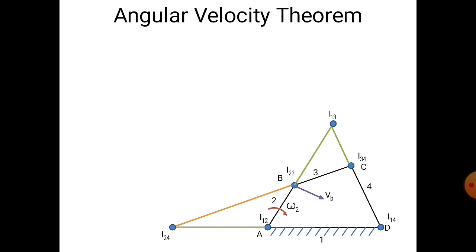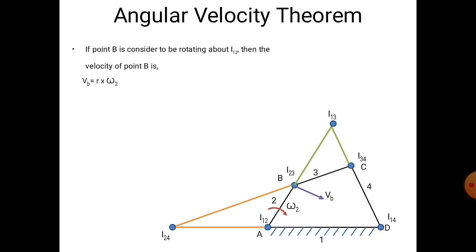So the velocity VB, if the point B is considered on link 2, can be found out by using the formula V equals R omega.